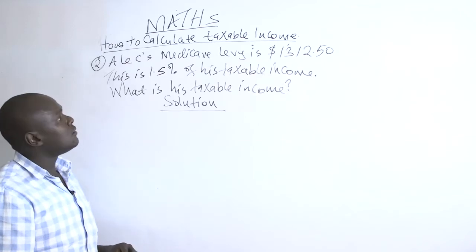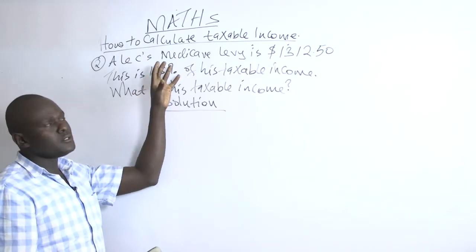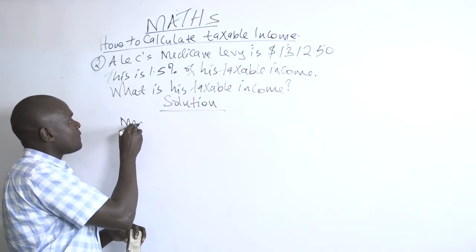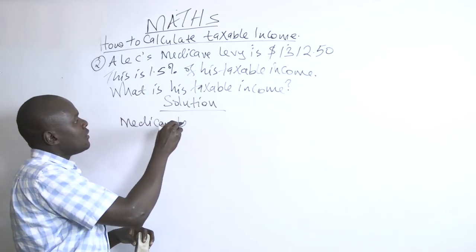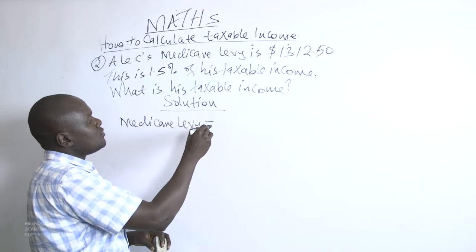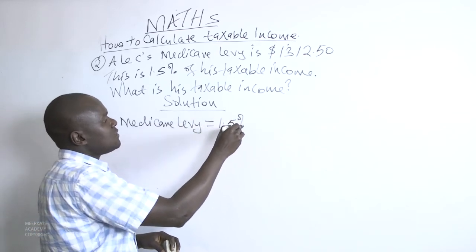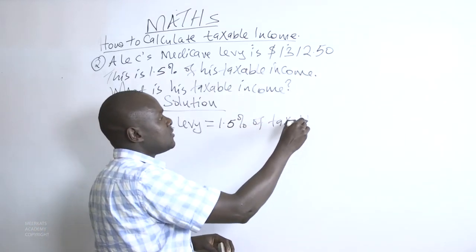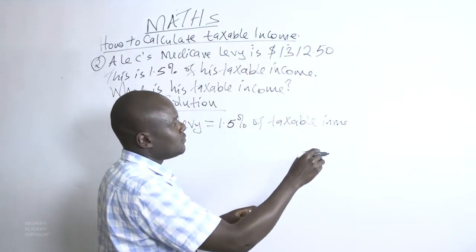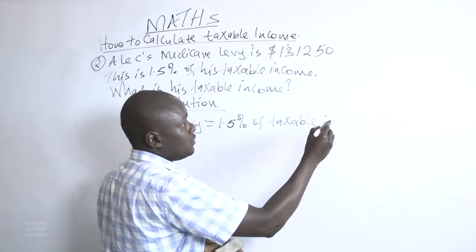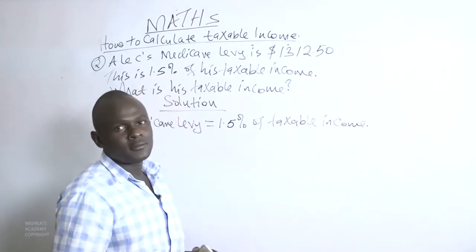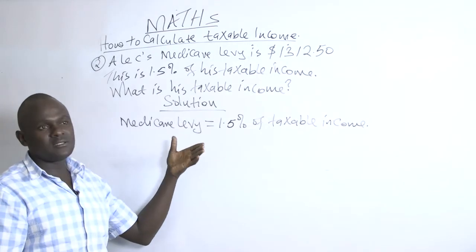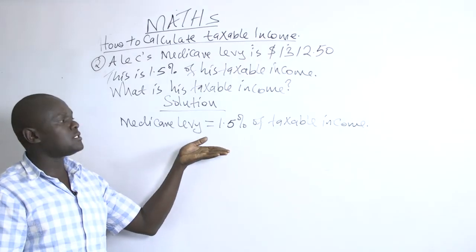A very important statement that we can extract from this question is Medicare levy is equal to 1.5% of his taxable income. A very superb statement, a very good statement, and it is a leading and guiding statement when we are trying to solve this particular question.